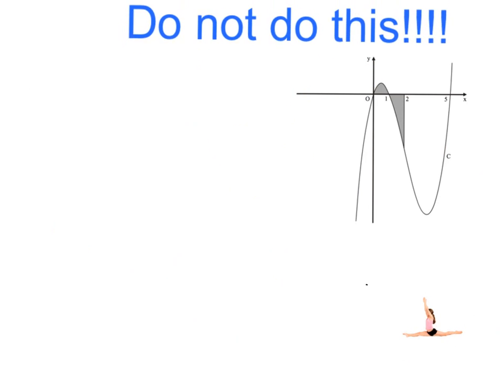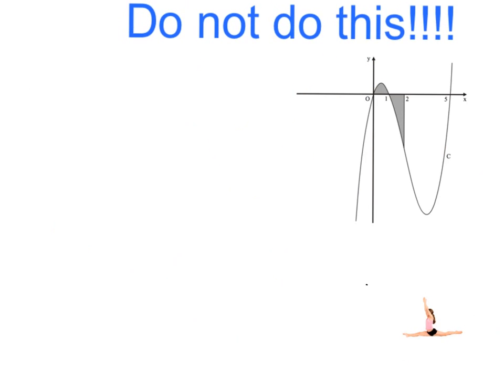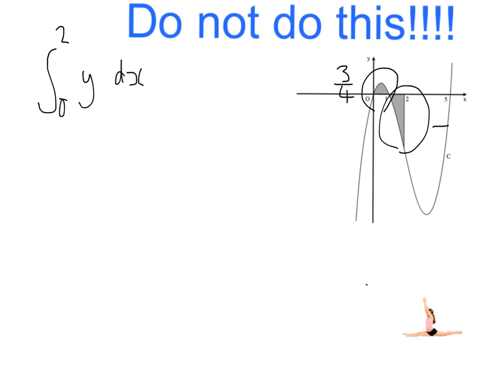Okay, some silly people do this. You're not going to do this, all right? Do not do this. They miss the fact that the area is split between a bit above and a bit below, and they think that they can just integrate the whole lot between 2 and 0. And I'll tell you the answer they get. Well, that area is 3/4, and it gets put together with this area, but they put it together with a minus 11/4.